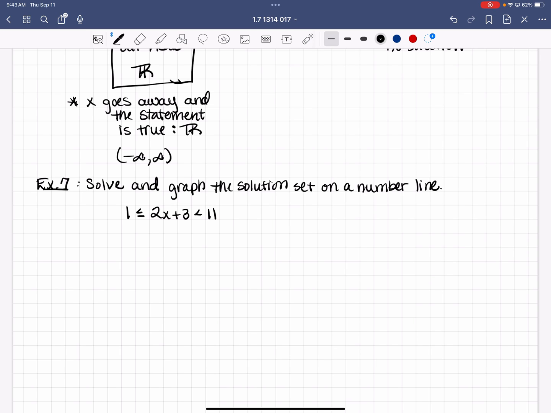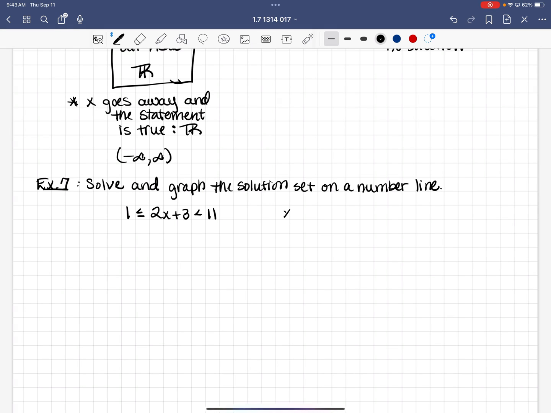And so now we have compound inequalities. Okay? Guys, the only thing different with the compound inequality is you got to get x in the middle.